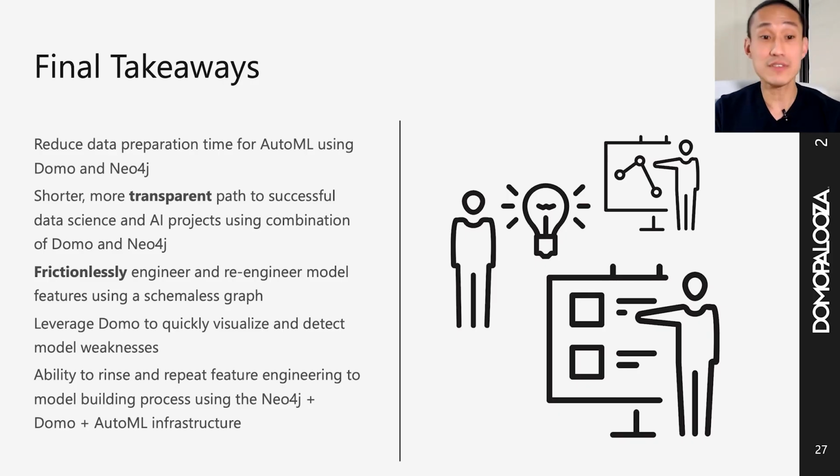It gives a very short and transparent path to building my AI project, so I can feel comfortable knowing that I can re-engineer and rebuild my process without a lot of friction. I can do this without a huge team: take my data, break it down, rewrite it, and constantly go through this rinse and repeat flow.